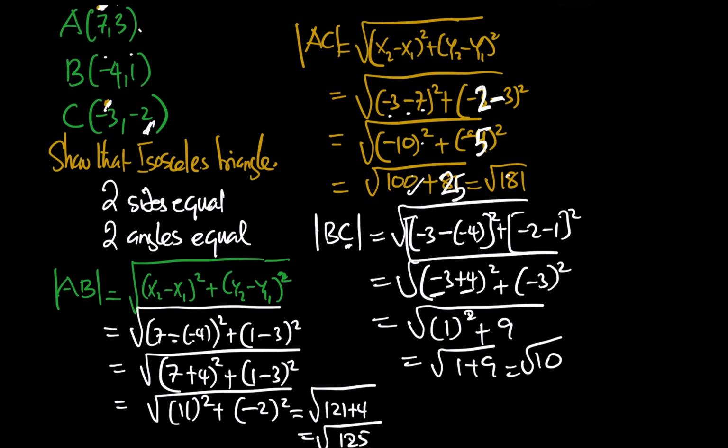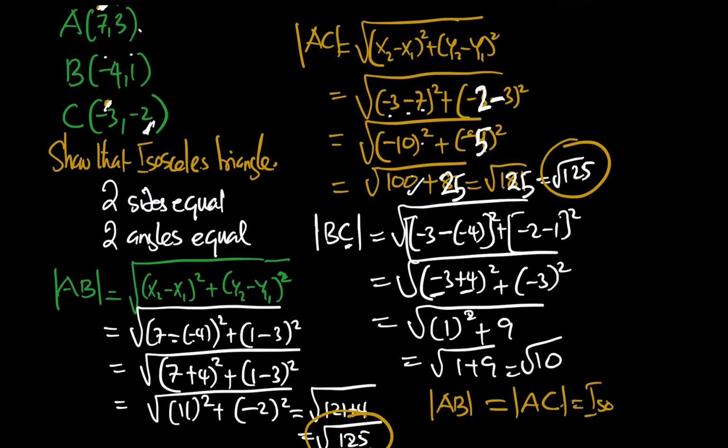That gives us 125, so the square root of 125. So we can tell that this and that are the same. The magnitude of AB is the same as the magnitude of AC, which makes it isosceles.